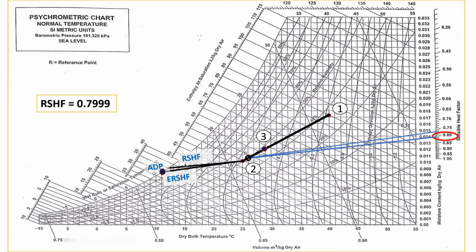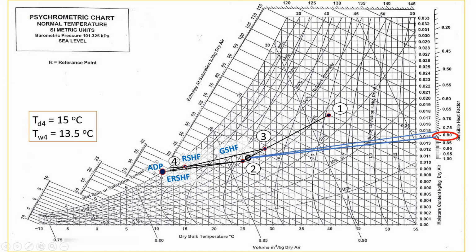Now we have to look at point 4. To find point 4, we have to draw the grand sensible heat factor line. The grand sensible heat factor line is the line connecting the mixing point with the ADP. So let us connect this point 3 with the ADP. The intersection of this grand sensible heat factor line and the room sensible heat factor line is point 4, and we can read the values respective to it.